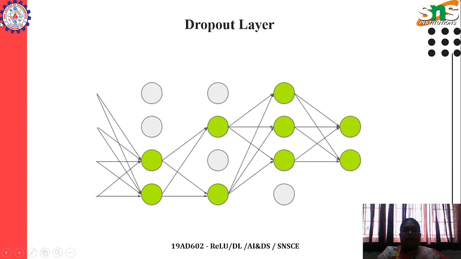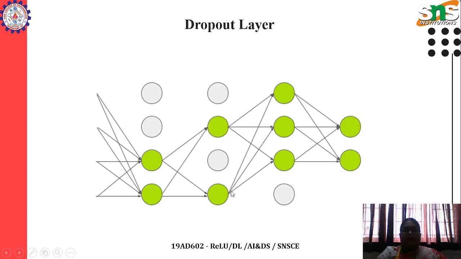You can see here that some of the neurons are in green color, and those not in green are not participating in the forward process. Forward pass means transmitting the data from one layer to another layer. A green neuron receives the input and sends it to the next neuron.